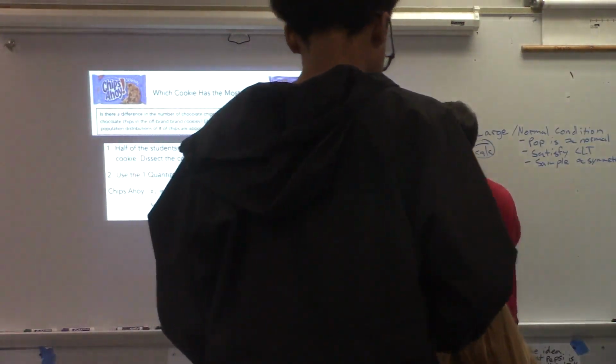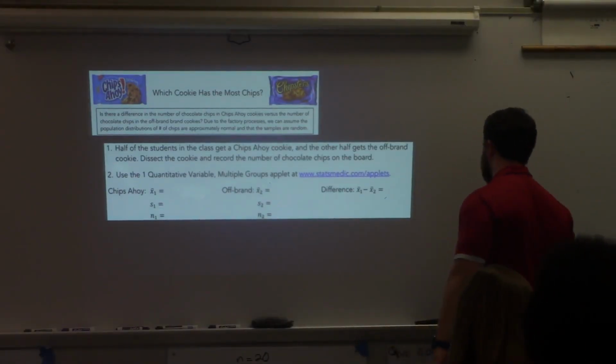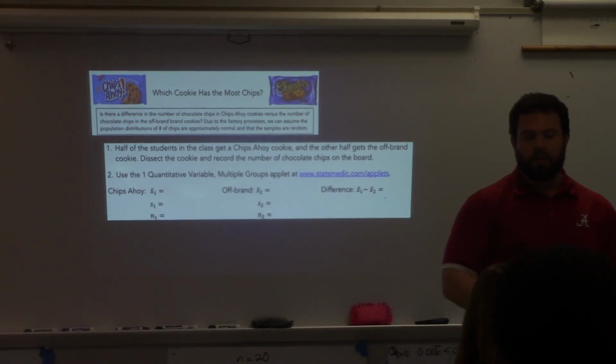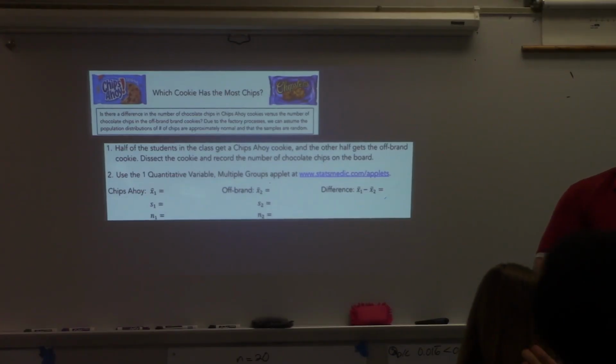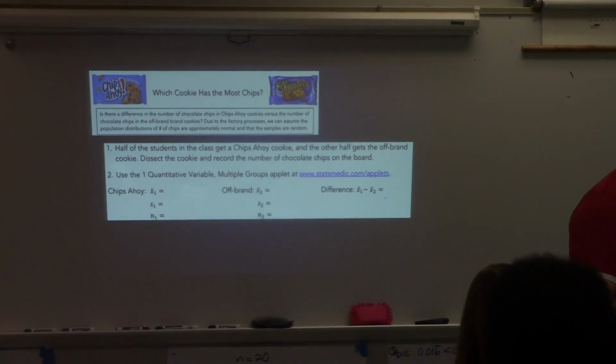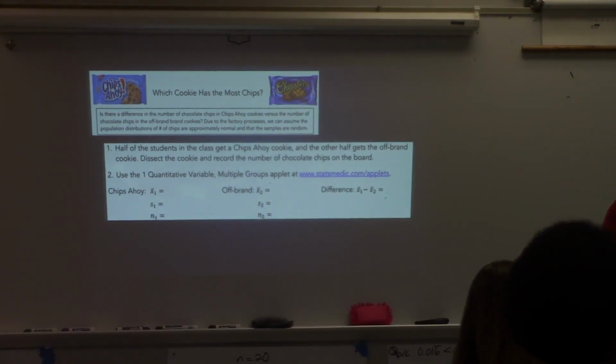I'm gonna put Chips Ahoy, and the other one, and I'll create a file that collects all this data. So you have your 2 cookies, break them apart, figure out how many chocolate chips there are in the Chips Ahoy cookie and in the Publix cookie, and if you need to be shown which one is which, let me know, okay?